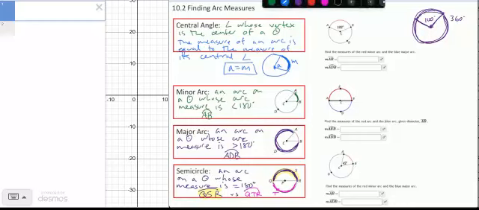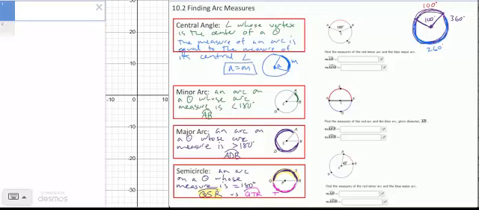The corresponding arc measure would also be 100 degrees, which would mean that this arc measure out here would be the remaining 260 degrees. You'll use the sum of 360 to help find the different arc measures.